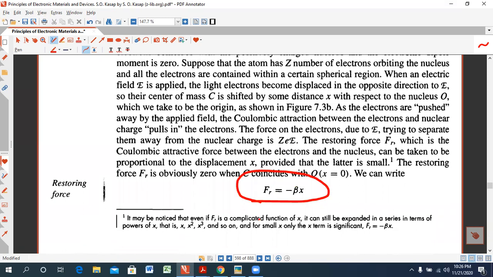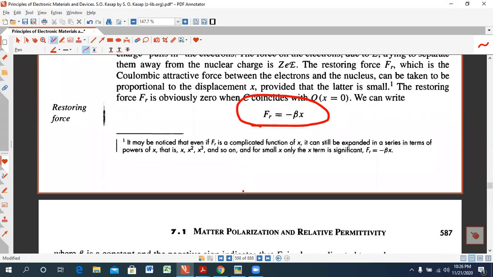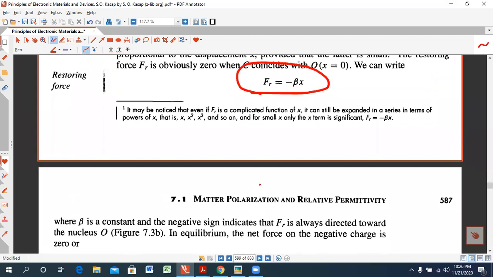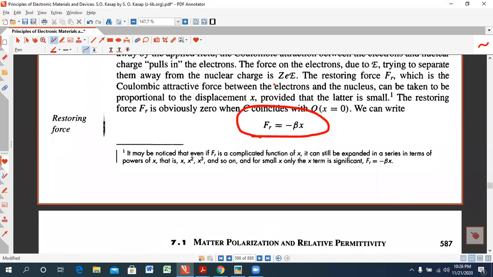And again, from Coulomb's law, F equals QE. Here Q is the charge, you can define that as the electron charge, and E is the field.